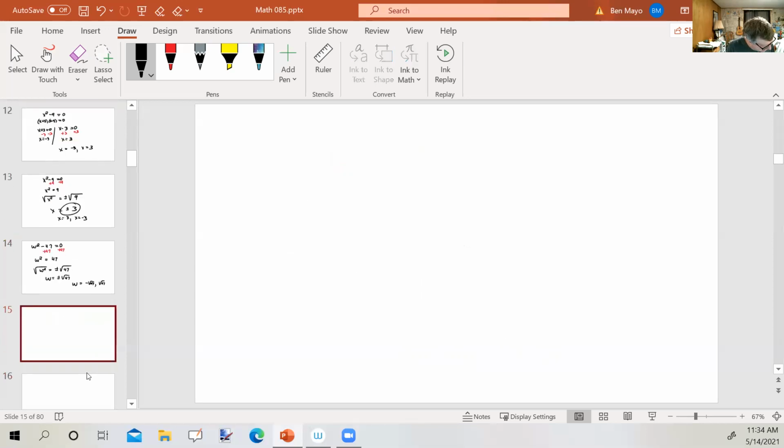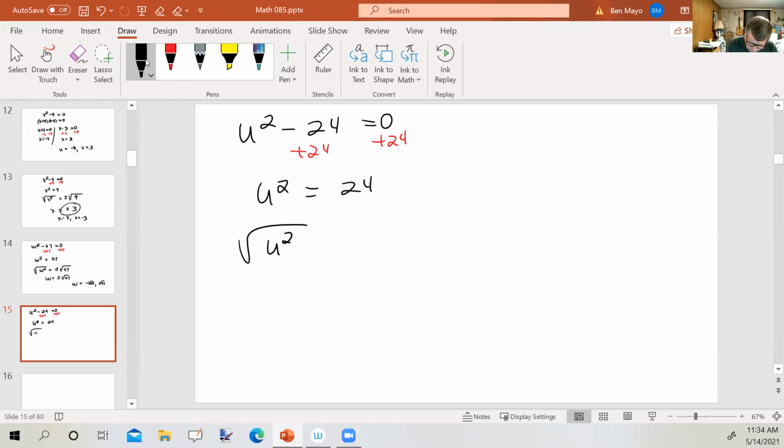Now, let's say we've got something like this. u squared minus 24 equals 0. So once again, we'll put the perfect square by itself on the left and the constant on the right. So we'll add 24 to both sides of the equation. u squared equals 24. We'll take the square root of both sides, including the plus or minus. So u equals plus or minus the square root of 24.